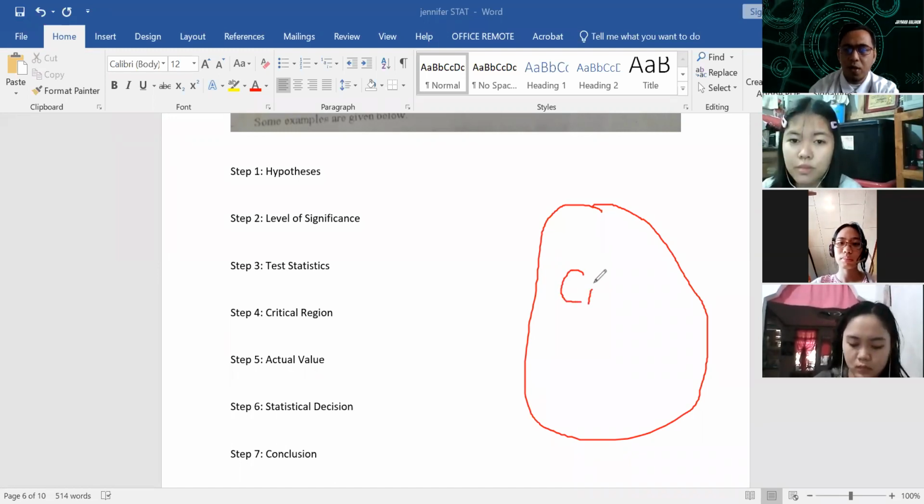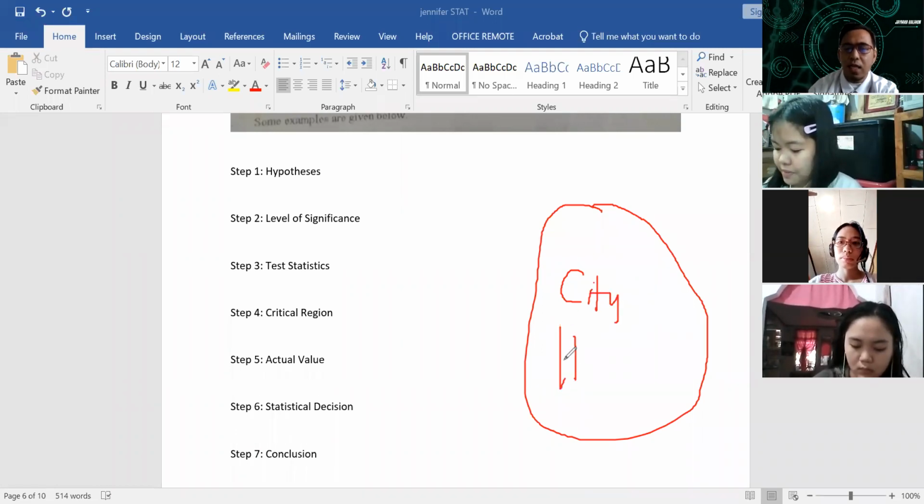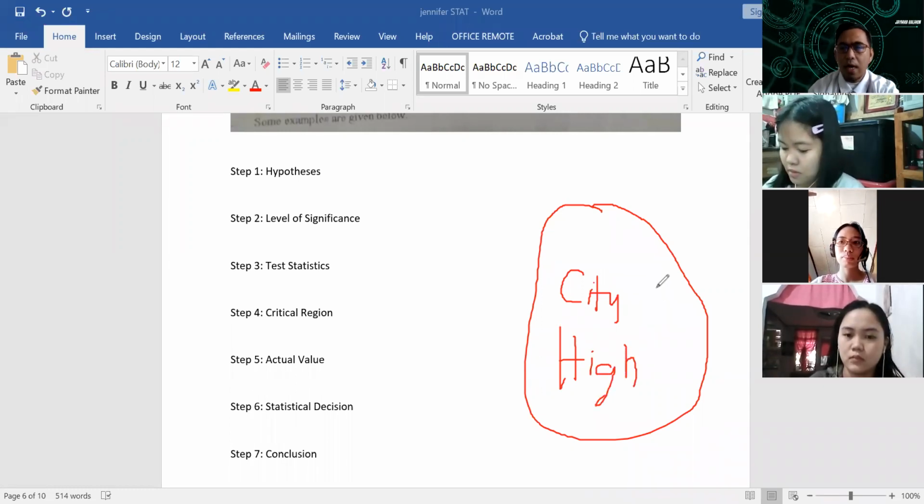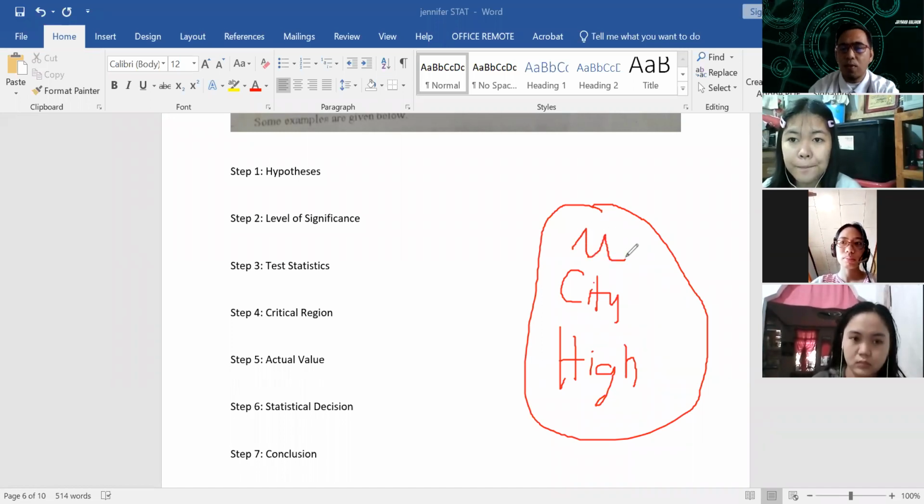So for example, gusto ka makabalo kung unsa ang average height sa mga estudyante sa City High. So unsa imong himuon? Kinahanglan ba i-measure nimo ang kada estudyante sa City High or pangutanon pila ilahang height para mahibaw-an nimo ang mean or population mean nga height sa mga estudyante sa City High?